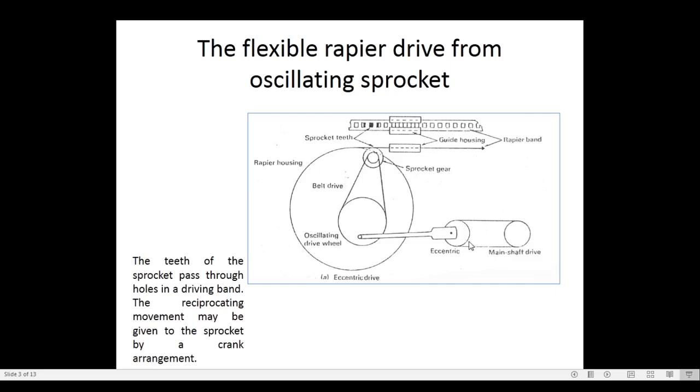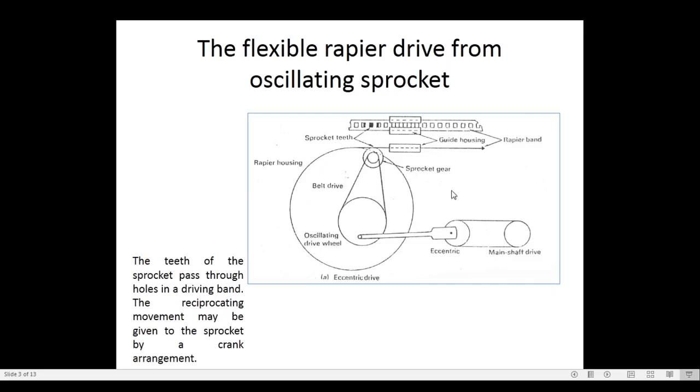See here how it works. When the main shaft rotates, this lever will move up and down. When this lever moves up and down, this oscillating wheel will move to one side. Suppose this goes up, this moves to one side, the belt moves in the clockwise direction, and the sprocket gear moves clockwise. So the gear pushes the rapier, the flexible tape, forward.